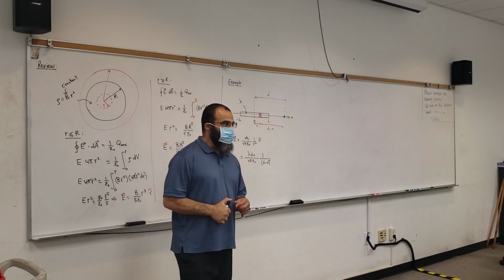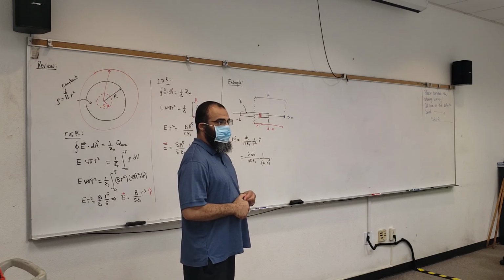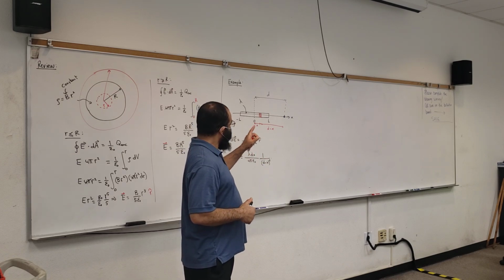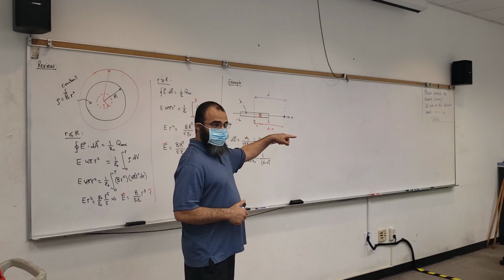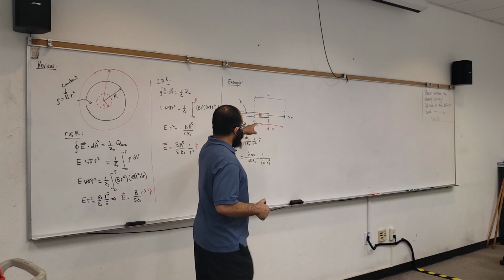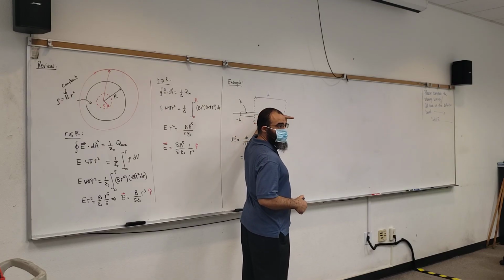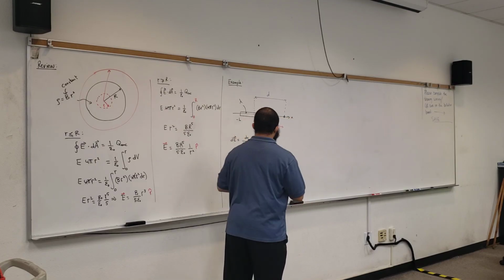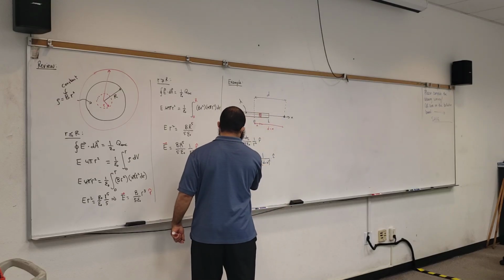It's a unit vector that points from the charge to the point where you want to find the electric field. The charge is here, the point is there, so what's this direction?